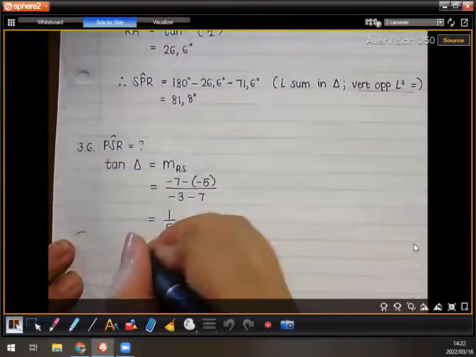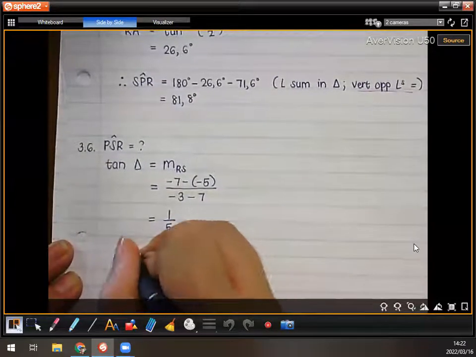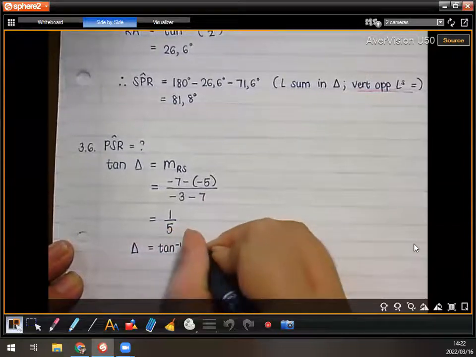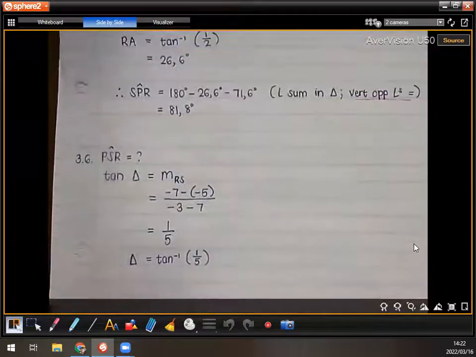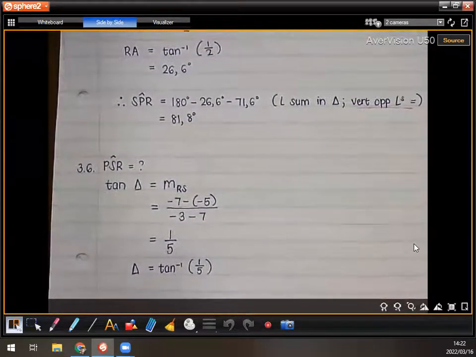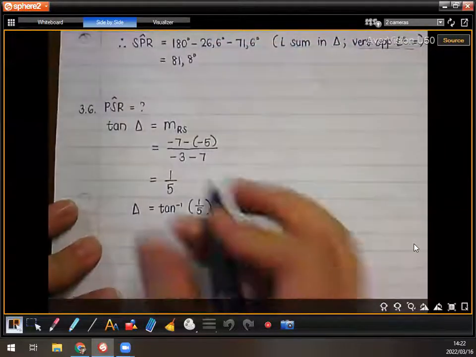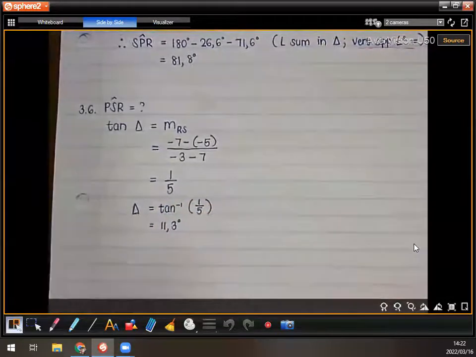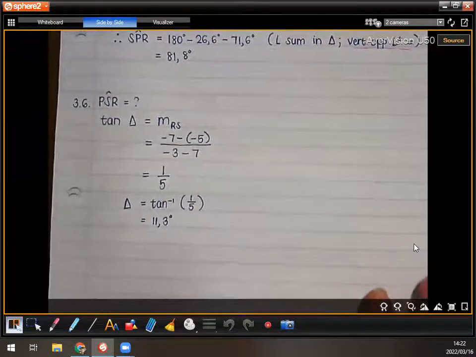All right, so to find this angle now, all I need to do is shift tan of 1 over 5. And that is 11.3 degrees. A small angle, we could see on the picture already, it was quite small. All right, 11.3 degrees.